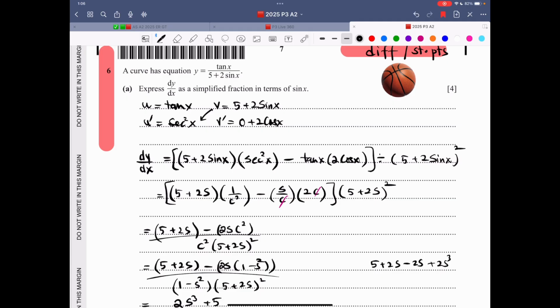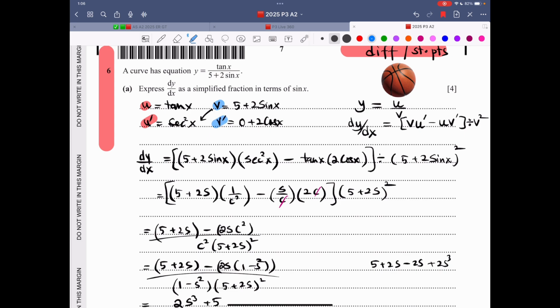Now this is the quotient rule. Let me write over here, y equals u over v. Therefore dy by dx is v u prime minus u v prime inside a bracket, divided by v squared. Now let's focus on this. Over here, this is u, this is u prime, this one is v, this is v prime.